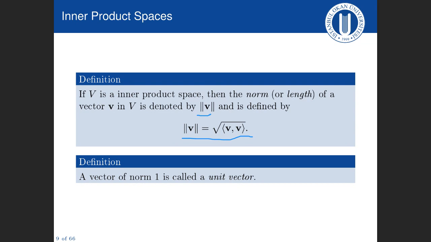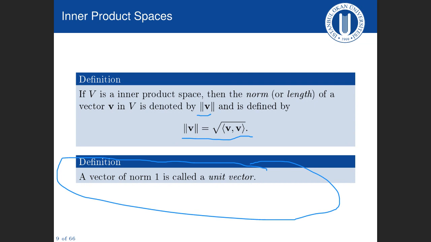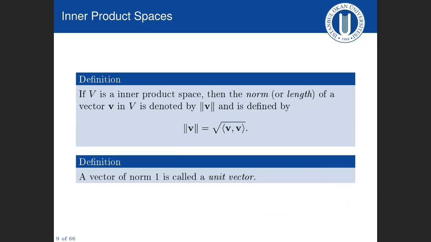And we're allowed to take the square root of a non-negative number. And just as we talked about last semester, a vector of norm 1 is called a unit vector. So in other words, a unit vector is some vector u which satisfies that if we take the norm of u, we get the number 1.